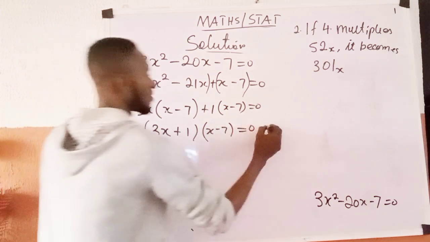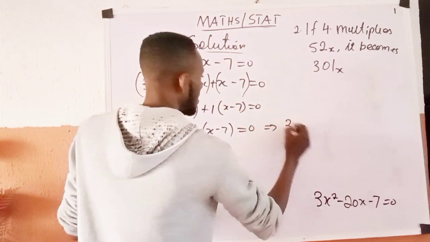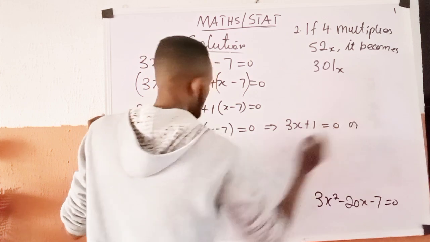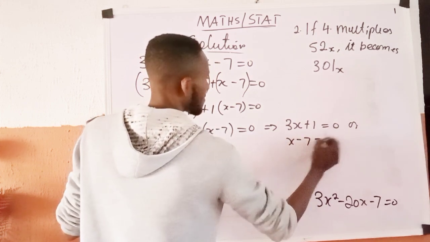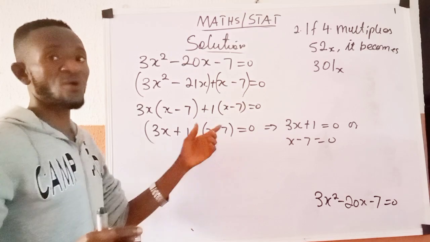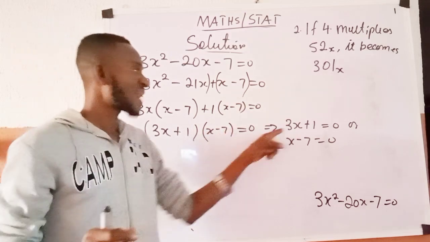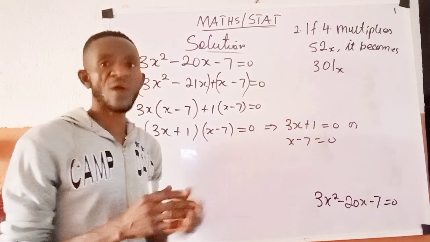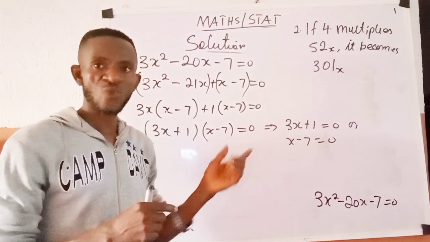And that thing will imply that I can have that 3 what? X plus 1 equals to what? 0. Or that what? X minus 7 is equal to what? 0. At this point in time, I want to believe that they have known that when we solve this one, our x is going to be minus 1 over 3. Minus 1 over 3.